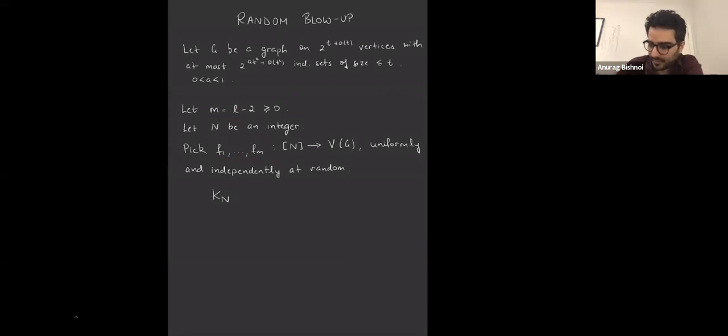So here is our coloring. Let x comma y be an edge of Kn, so any pair of numbers from 1 to n.